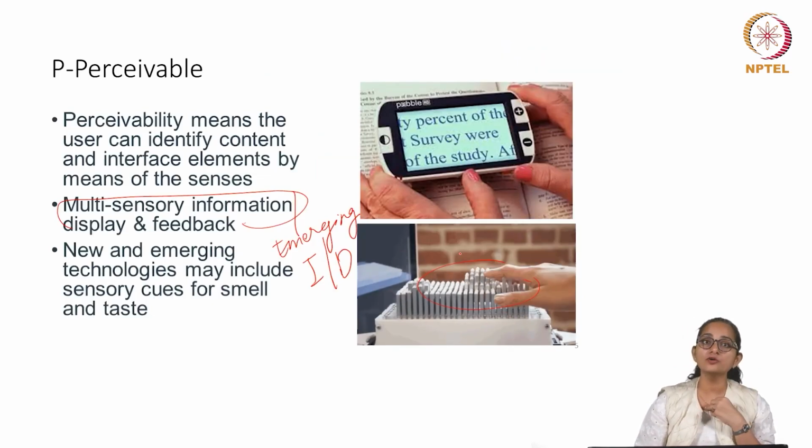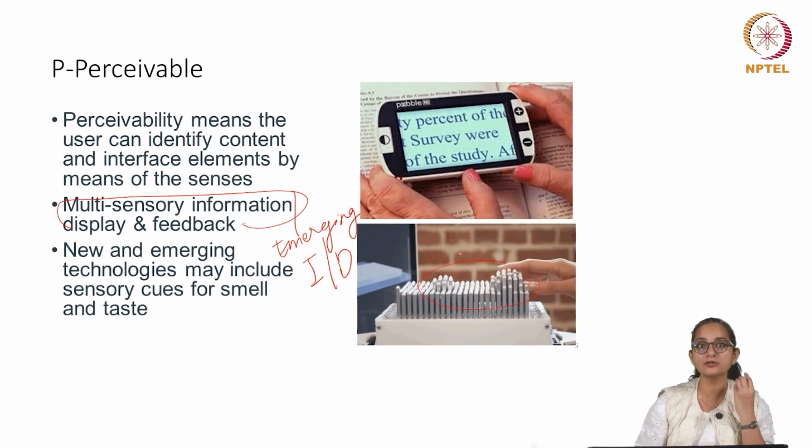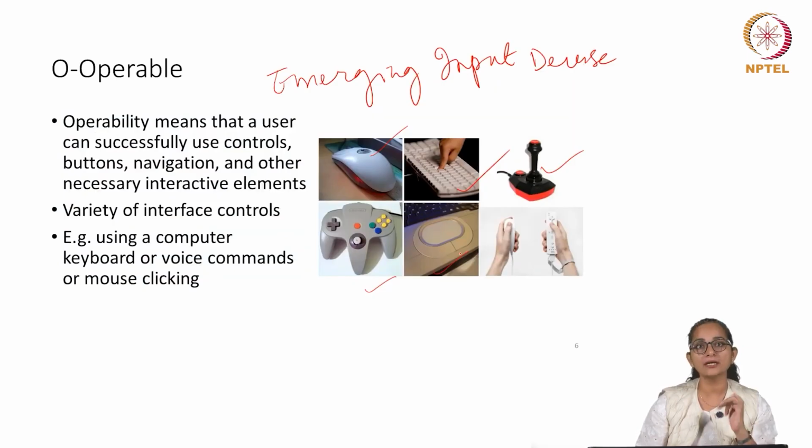So, if I am able to perceive an affordance, which gives me a call to action, and then I am able to operate or do that action, that is operability. If I am able to see or perceive that call to action, that is the perceivability part of it. But if it is allowing me to complete that action, then that is operability.